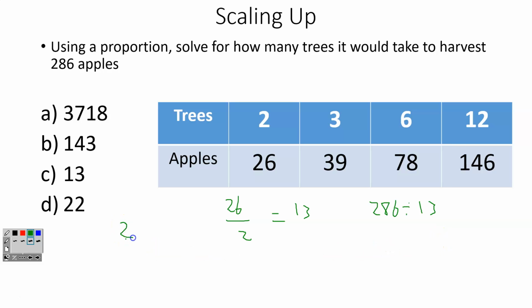I could do 2 trees give me 26 apples. How many trees would it take to get 286? I could set it up as a proportion like this. 2 times this divided by this gives me that. Just a lot of different ways you could do it. In the end, however, you're going to get an answer of 22.